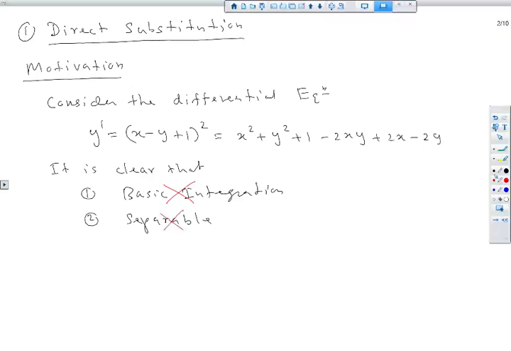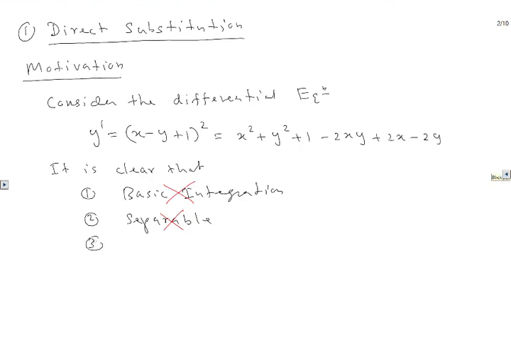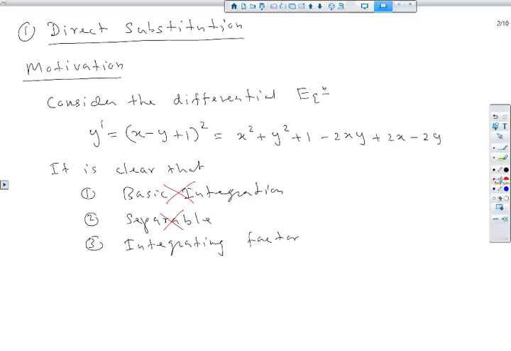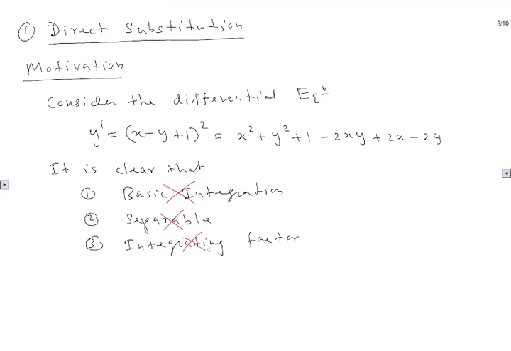And is this an integrating factor problem? You can see that there are y squared terms here, so this cannot be the integrating factor method. That means it is none of them. This problem cannot be solved by any of the three techniques that we learned before.